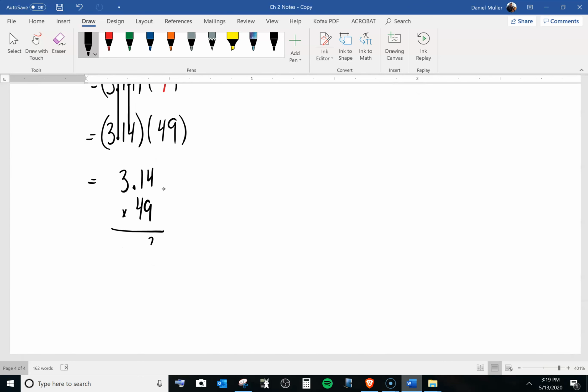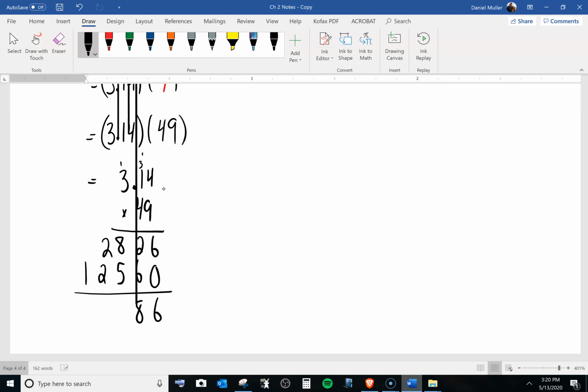So 9 times 4 is 36. So put the 6, carry the 3, 9, 10, 11, 12. Carry the 1. 27 plus the 1 is 28. Start with a 0. 4 times 4 is 16. 4 plus the 1 is 5. And 4 times 3 is 12. Now if I add that up, I get a 6. I get an 8.